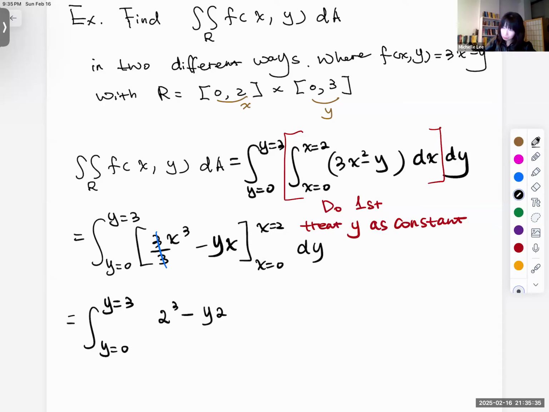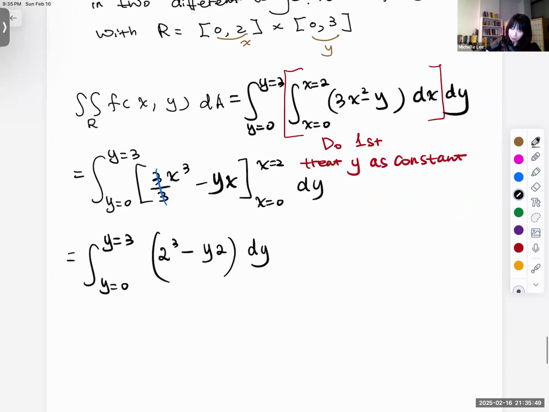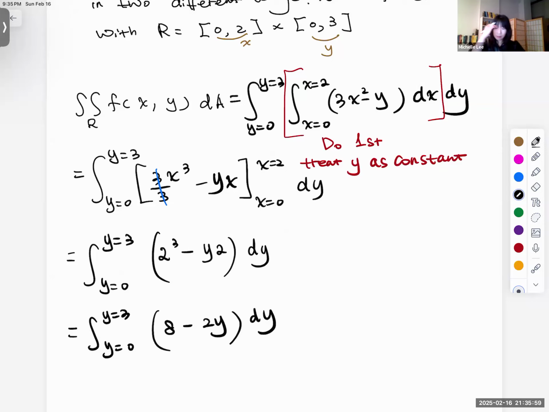And then dy. Okay, so there will be y equals 0 to 3, 8 minus 2y dy.